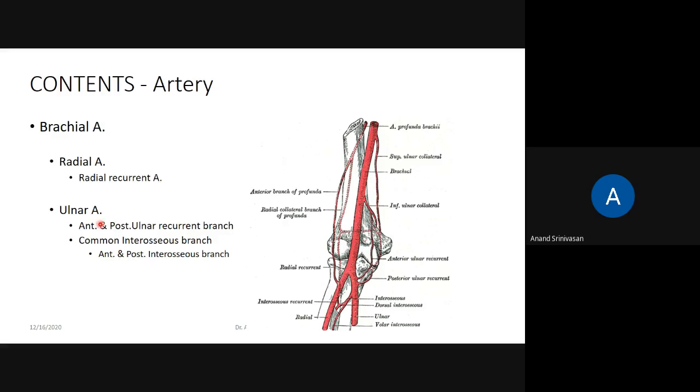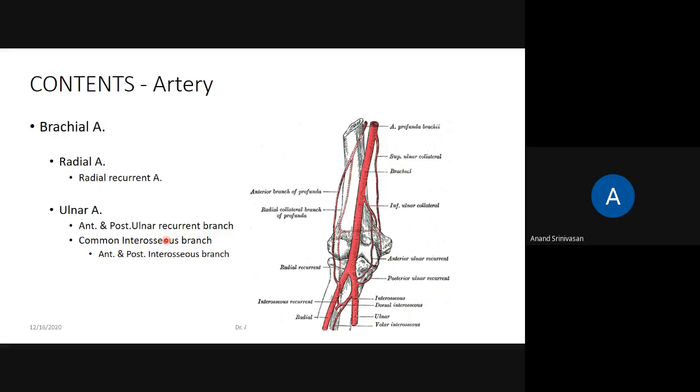Apart from this recurrent branch from the ulnar artery, there is another branch which is the common interosseous artery. Here you can see this is radial, this is ulnar, and here you can see the common interosseous artery. Why is it called interosseous?